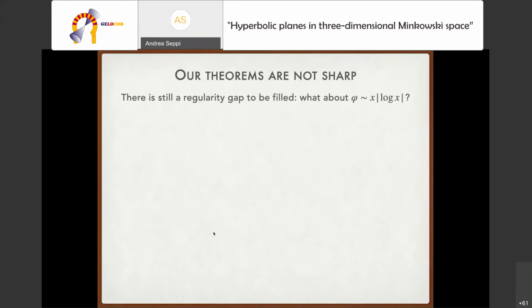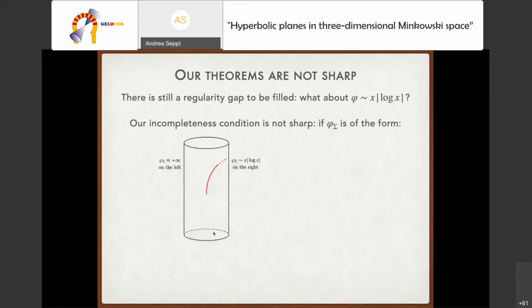So this is something which is not taken care of in any of the two results. And here we don't know in general, but we have an example. So for instance, if we take this function, which is like x log x on the right, and it's plus infinity on the left, and it does whatever. I mean, we just care about basically this point. So we don't care too much what it does away from it. Then it's incomplete.